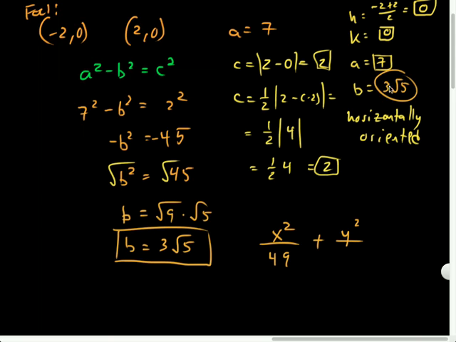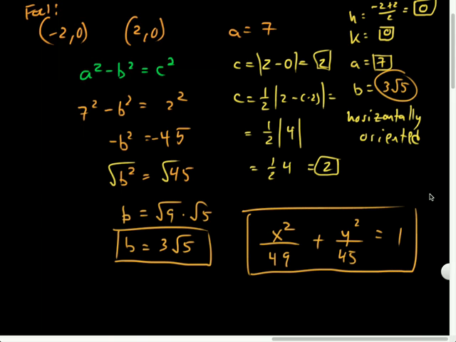Now, I actually wouldn't think of 3 roots of 5 and then squaring it and getting 9 times 5 and 45. I would just square this version of b right here. So it's just going to be 45 under here, equals 1. So with those couple of facts, we were able to logically deduce lots of information. You might not have thought it was enough to define a unique ellipse, but it was, in fact, sufficient.